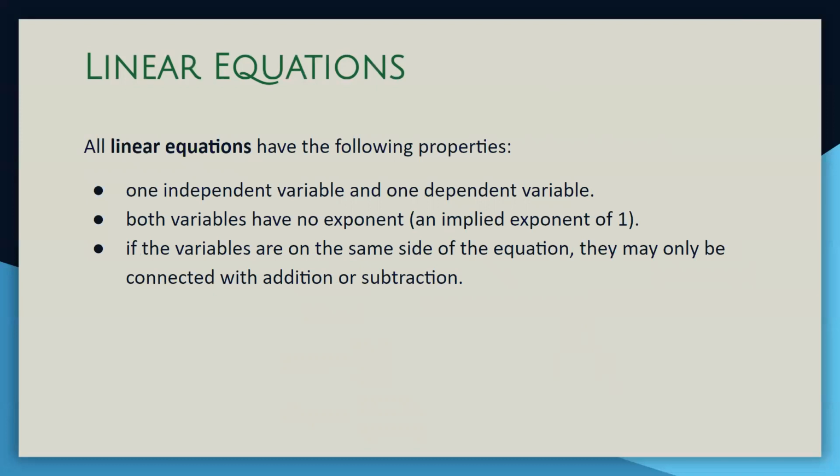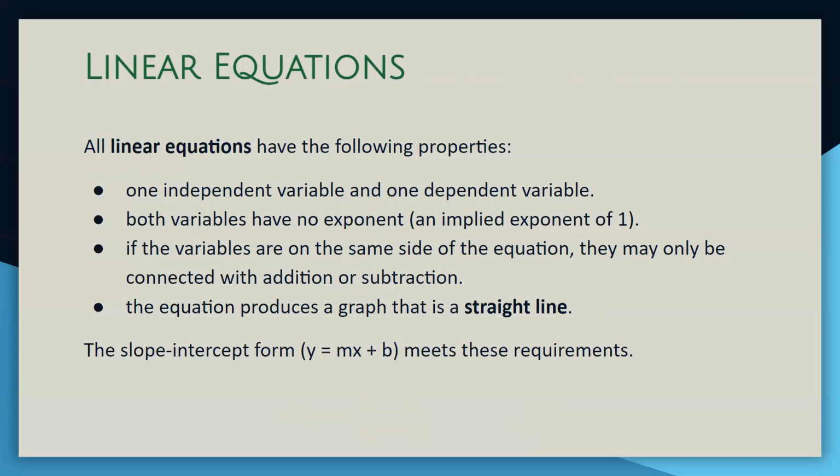So x plus y is okay. That's a linear equation. X times y is not. And the equation produces a graph that is a straight line. That's how we know it's linear. Slope-intercept form is one of many forms for a linear equation, and it meets these requirements.